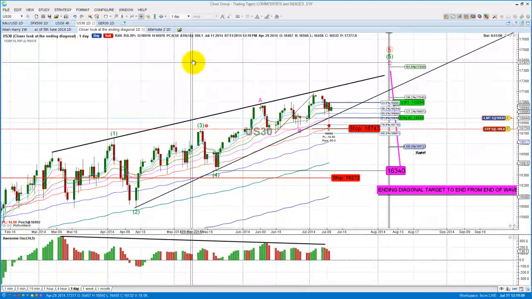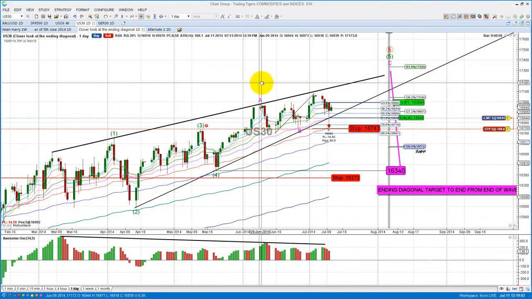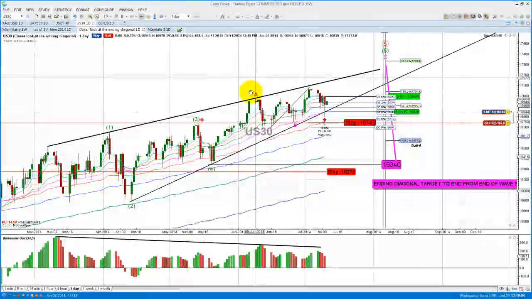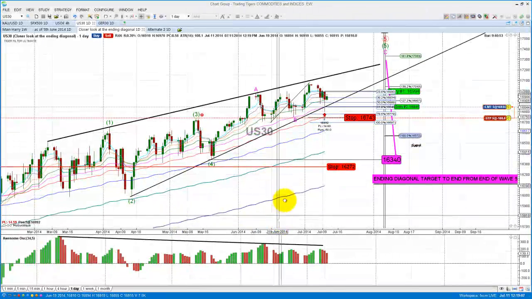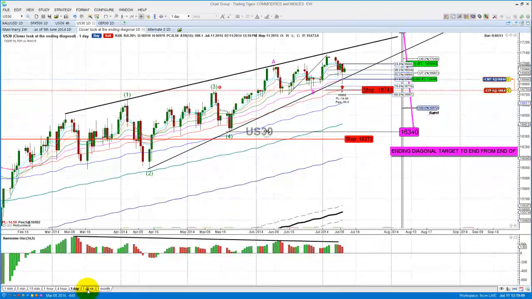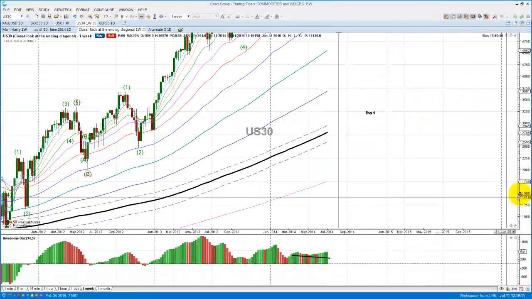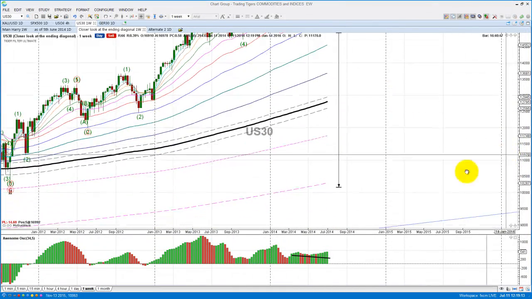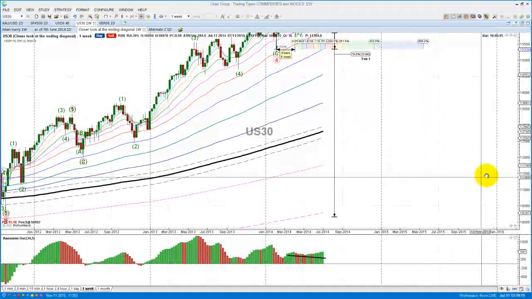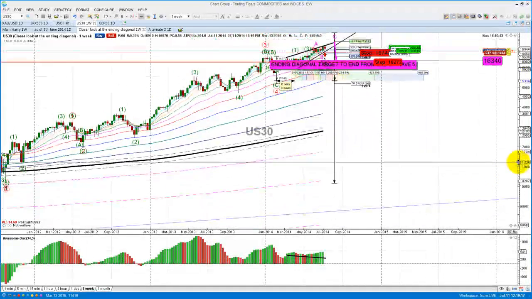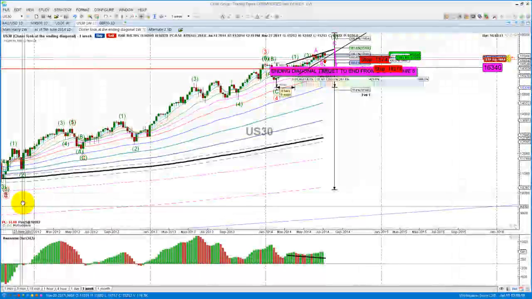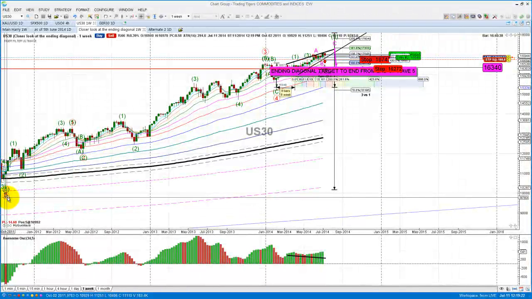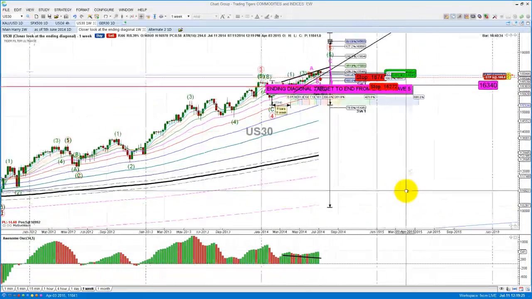US30, of course, we're predicting it to be an ending diagonal, taking it from the larger wave degree pattern. If we break this down to the weekly, you can see at the bottom left here is the wave 2 of the cycle degree, and therefore we're in a wave 3.